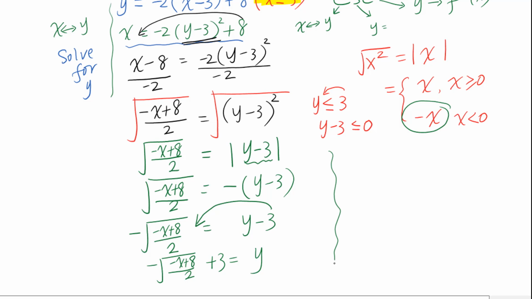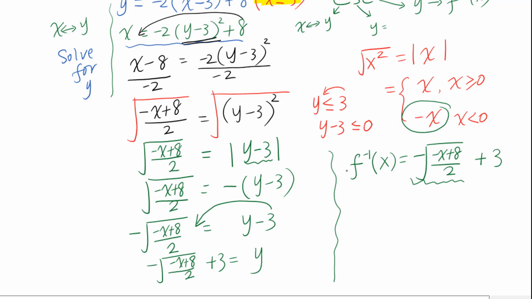Last step, we change y into the inverse function symbol. The inverse of f of x equals negative square root of negative x plus 8 over 2, plus 3.